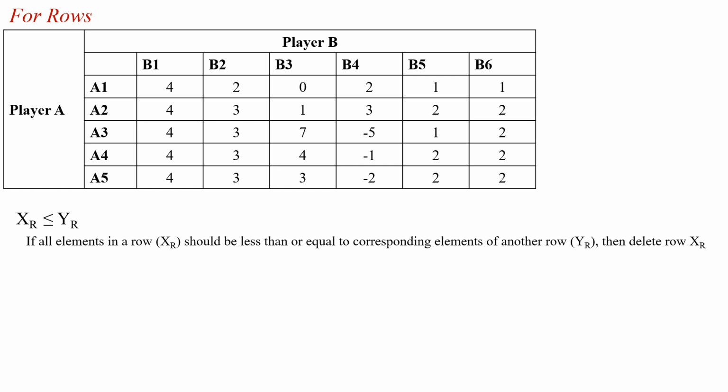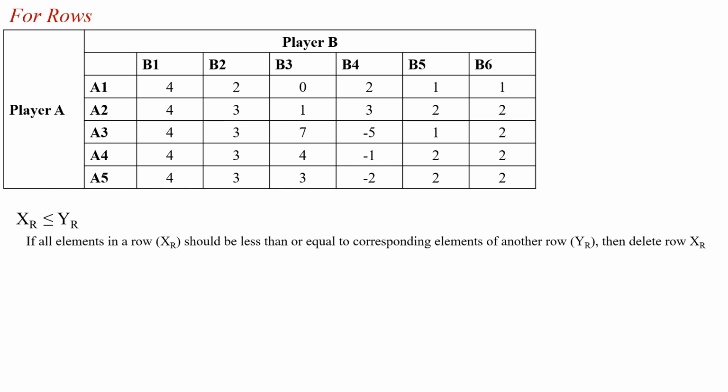Let's consider row X is compared with row Y. If all the elements in row X are less than or equal to the corresponding elements of row Y, then delete row X.